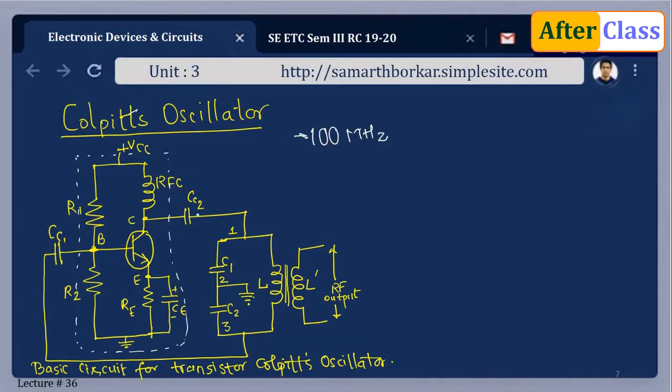Now let us discuss the construction. It consists of a single stage inverting amplifier.